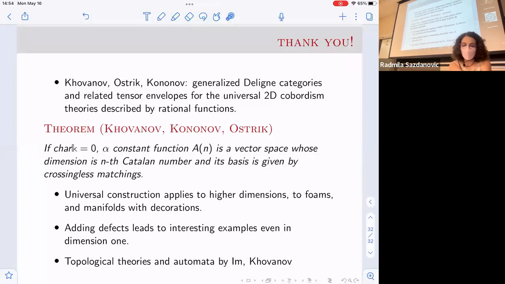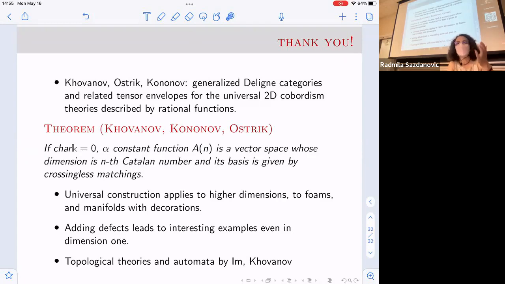And in particular, one theorem that's particularly interesting and nice to think about: if you have a field of characteristic 0, and you take a constant function alpha, then the space A of n is a vector space whose dimension is the nth Catalan number, and the basis is given by crossingless matchings. So I hope that ties it back to the whole thing.